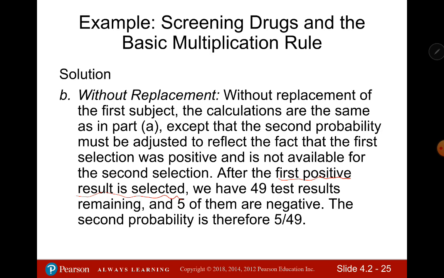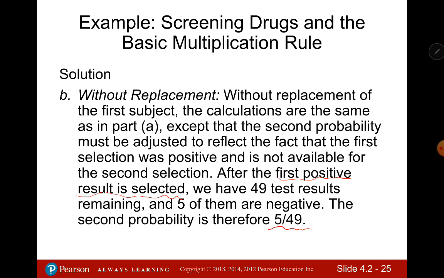It will not go back to the pool. Then for the second selection, the total number has changed. It's no longer 5 over 50, because we only have 49 in our pool.